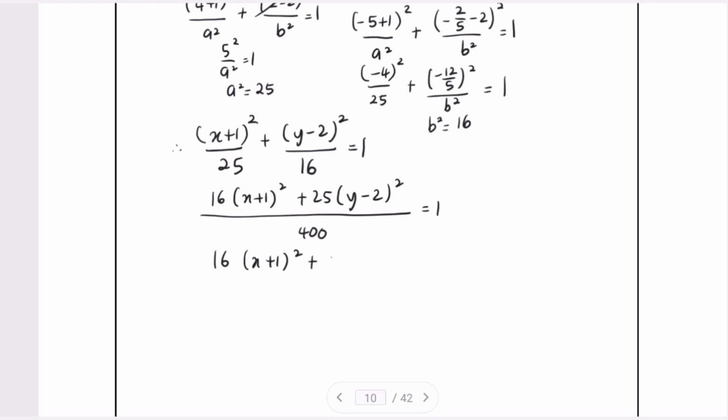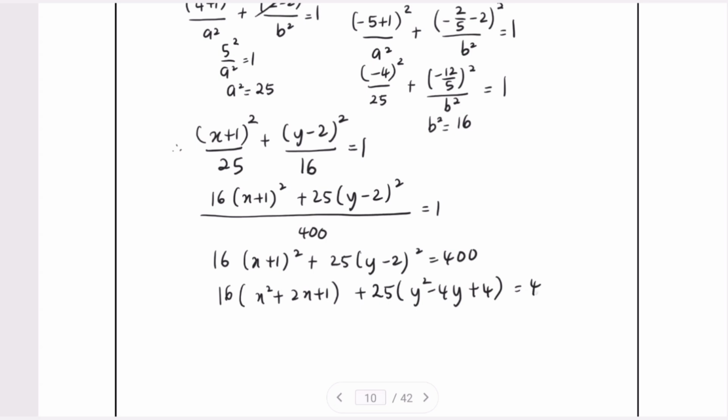Move 400 to the right hand side, and you're going to get equals 400. Expand the brackets. So this is x squared plus 2x plus 1, plus 25 times y squared minus 4y plus 4, equals 400. Bring everything to the left hand side and simplify to get 16x squared plus 25y squared plus 32x minus 100y minus 284 equals 0.